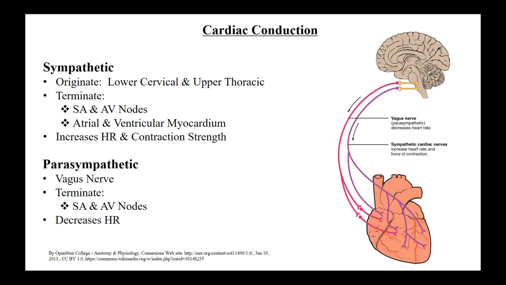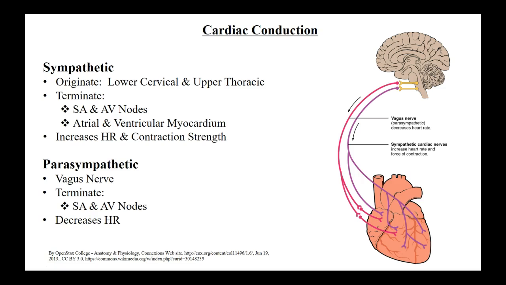A negative chronotropic agent, because it decreases heart rate. If we have sustained elevated heart rate, we call that tachycardia. The term tachy refers to rapid. A sustained slowed-down heart rate we call bradycardia. Brady means slowed down. So a few terms there.